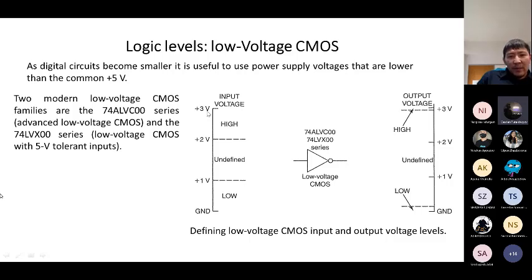Its power supply is 3 volts. This inverter will understand that if you apply from 0 to 1 volt, it is low. But if you apply from 2 volts to 3 volts, it will understand it as high. Between them is the undefined region. You can see its output: the high output is approximately 3 volts, and the low output is approximately the same as the ground level.